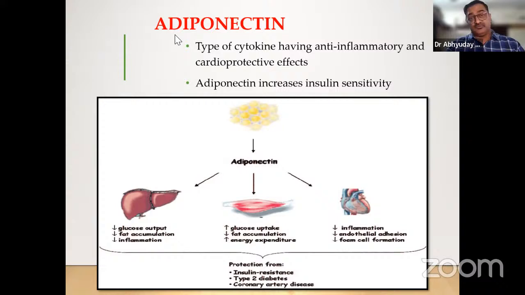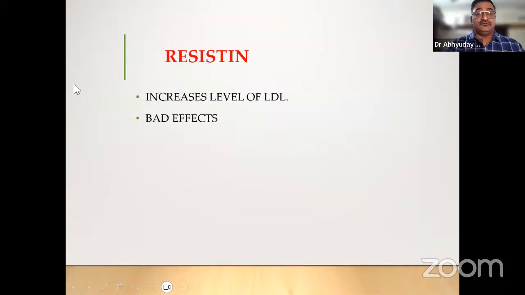So adipose tissue is good because it produces leptin, and it produces adiponectin also, which has anti-inflammatory and cardioprotective properties. It gives protection from insulin resistance, type 2 diabetes mellitus, and coronary artery disease. So these are good hormones produced by adipocytes.